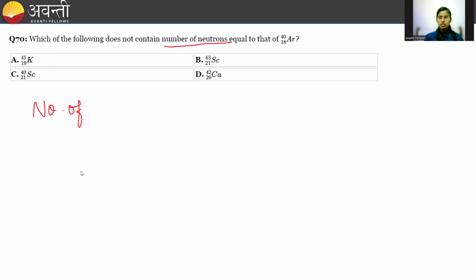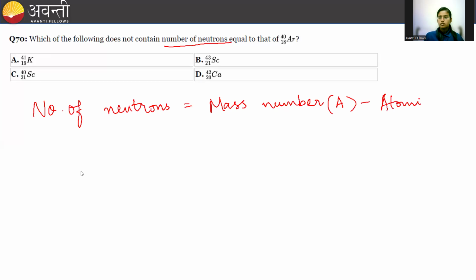The number of neutrons can be calculated using the mass number, which is represented as A, minus the atomic number. Mass number minus atomic number formula. Okay.